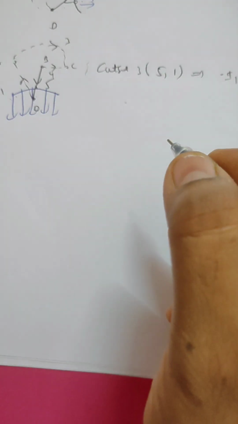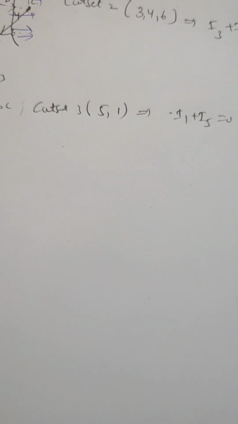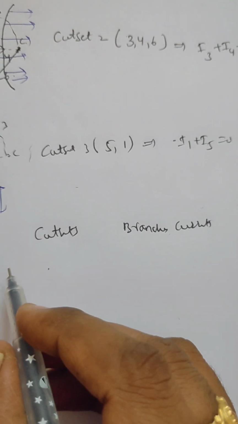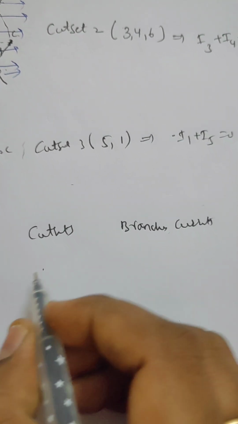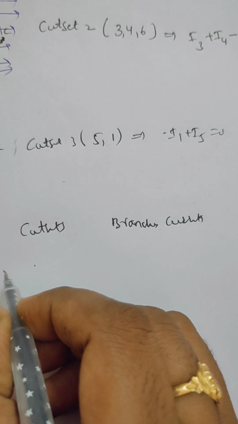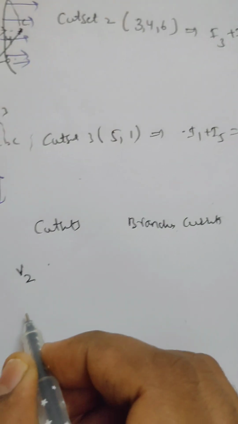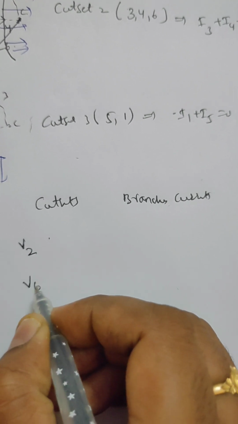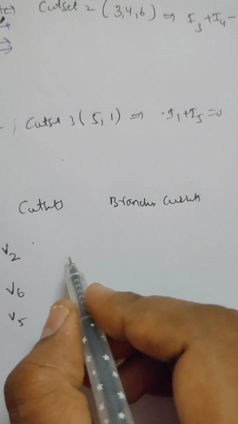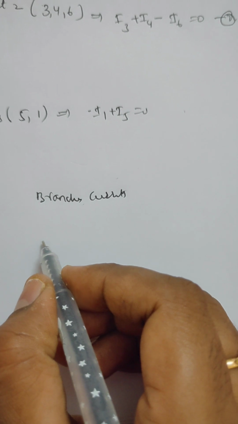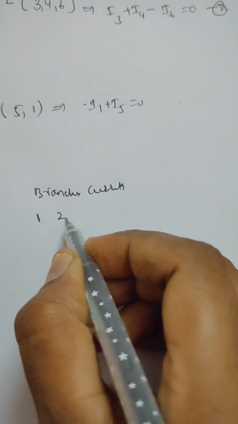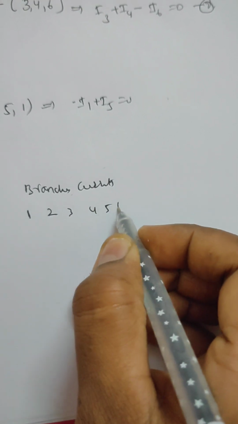Now we have to write down the cut set matrix. Here the cut sets are V1, V2, V6 and V5. The branch currents, how many branches are there? 1, 2, 3, 4, 5, 6.